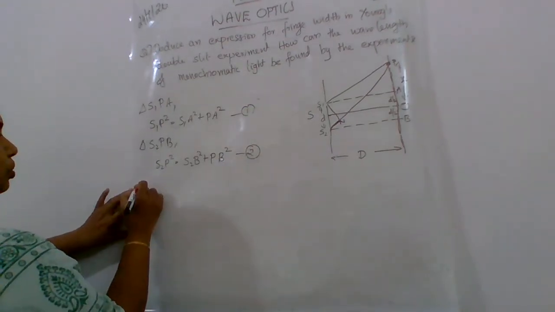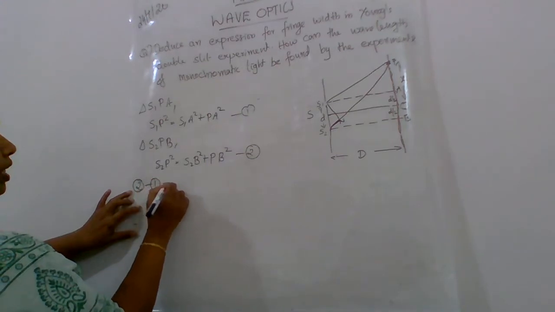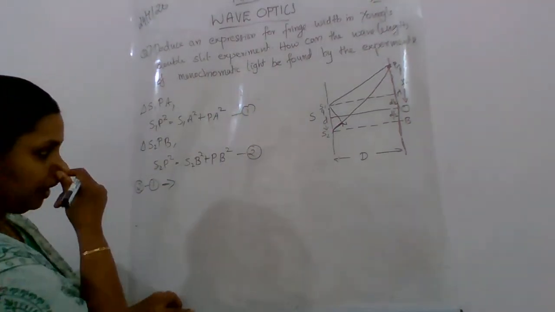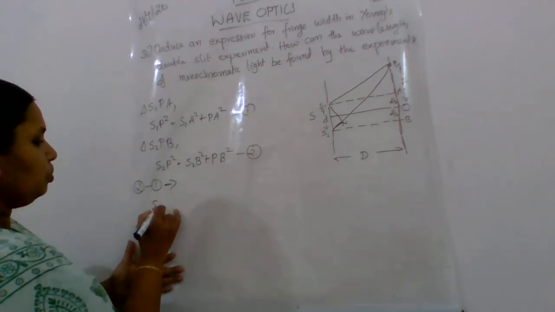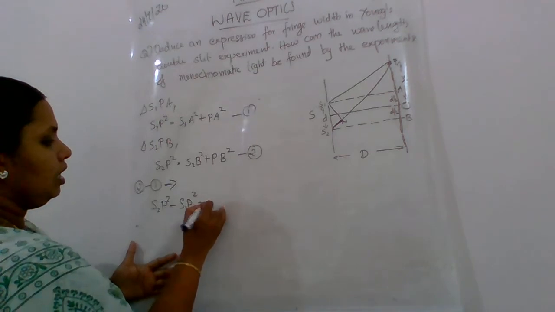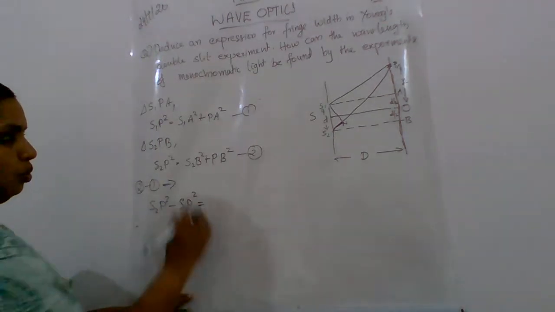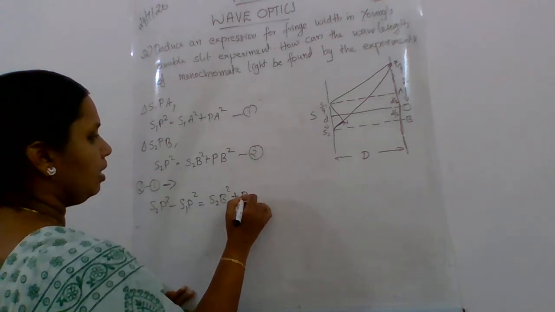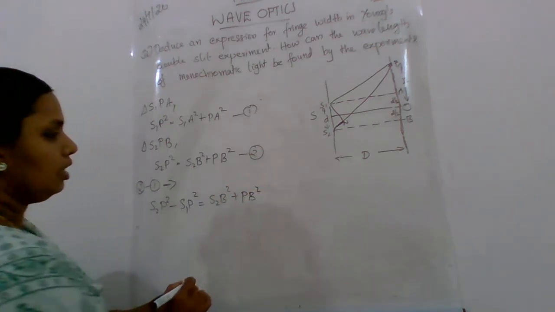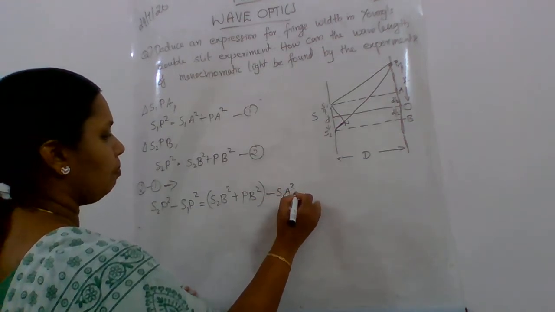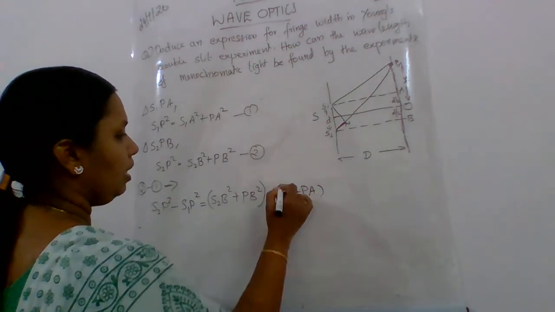And equation 2 minus equation 1. Equation 2 minus equation 1, what is it? S2P square minus S1P square is equal to S2B square plus PB square minus S1A square plus PA square.